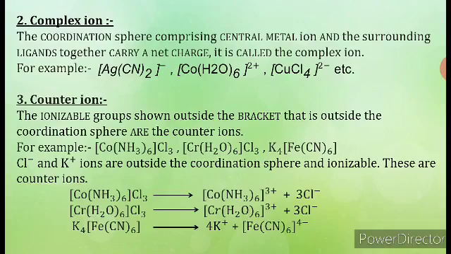Next is the oxidation state or oxidation number of the metal ion. You have already gone through this term, oxidation state, oxidation number, in the 11th class in the redox reaction chapter, and you know how to calculate the oxidation number of any atom.